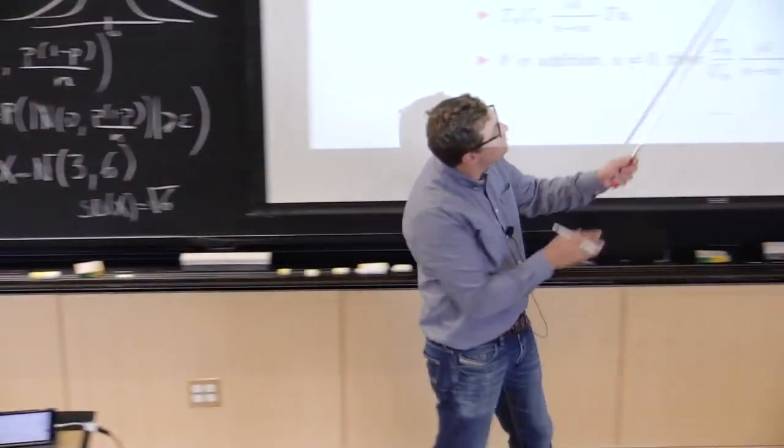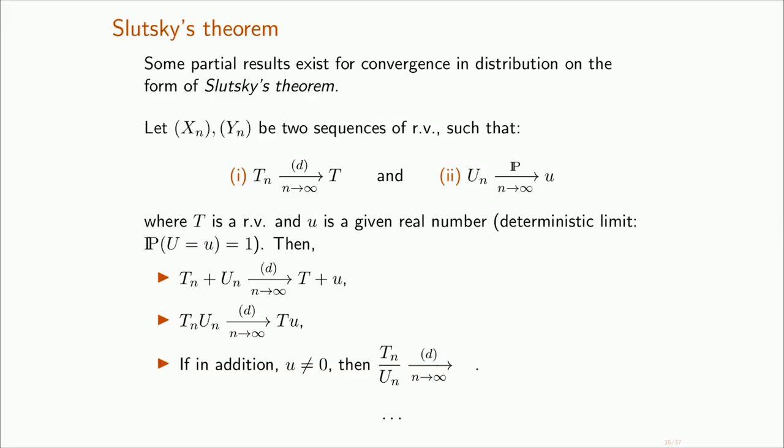Then you have U, which converges in probability to a single number. It's just a scalar. Now it starts to make sense for me to talk about the distribution of T times U, for example, because if T is a Gaussian, then this is U times the distribution of a Gaussian, which is an N(0, U squared). So this thing actually makes sense.